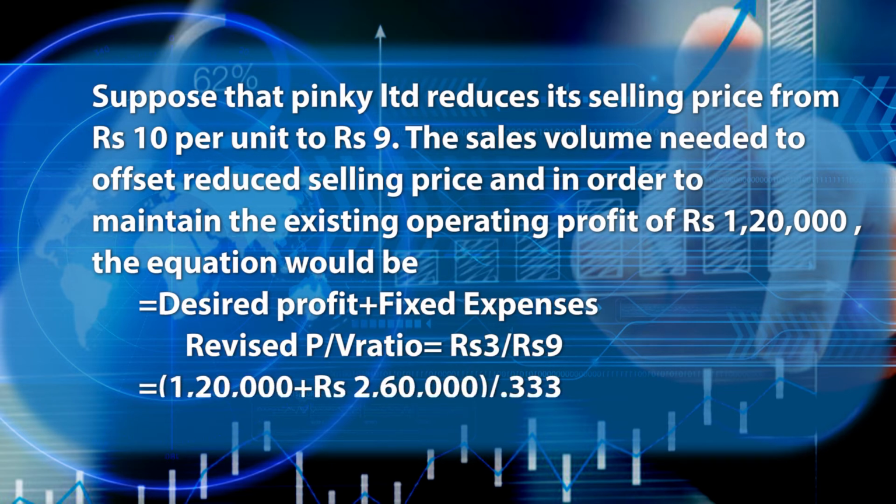So, 1,20,000 plus rupees 2,60,000 divided by 0.33, which is going to give you 11,40,000. The required sales volume of rupees 11,40,000 represents an increase of about 20% over the present level.